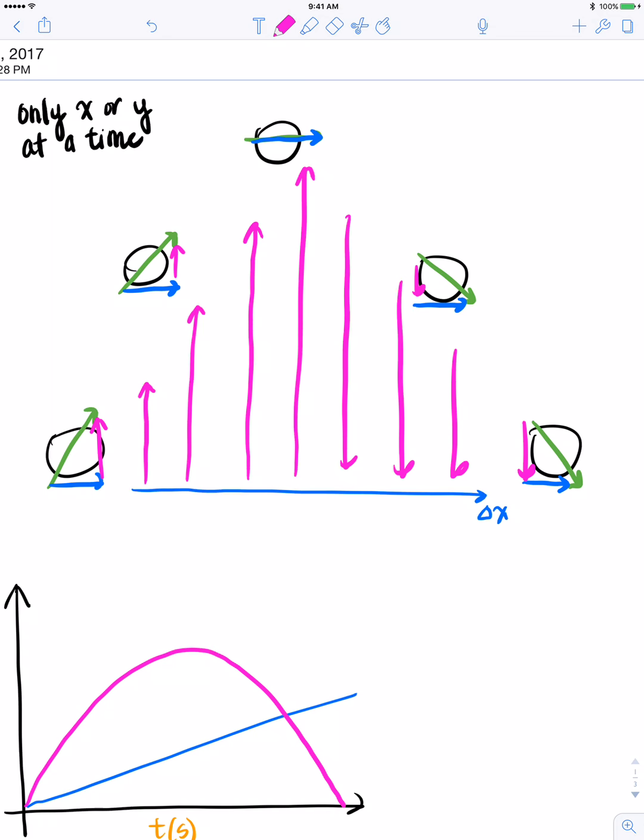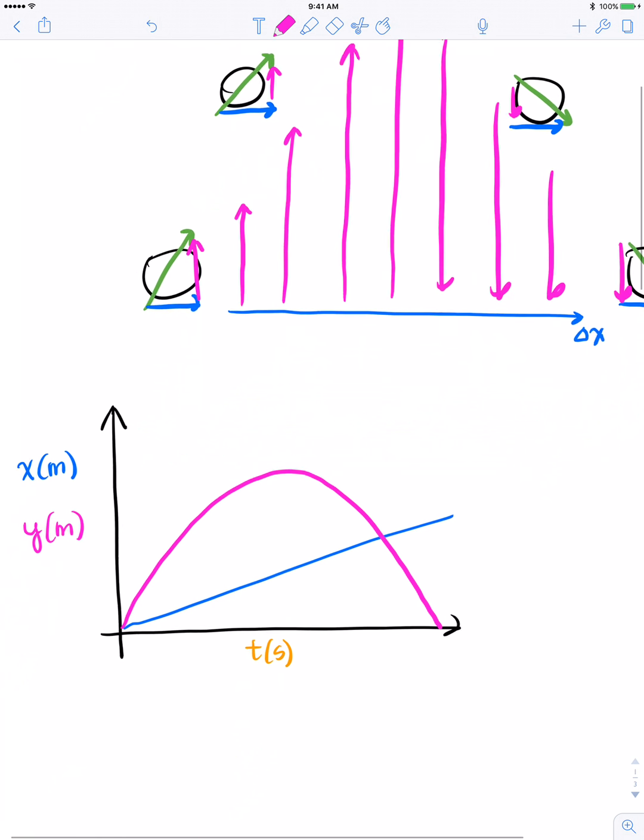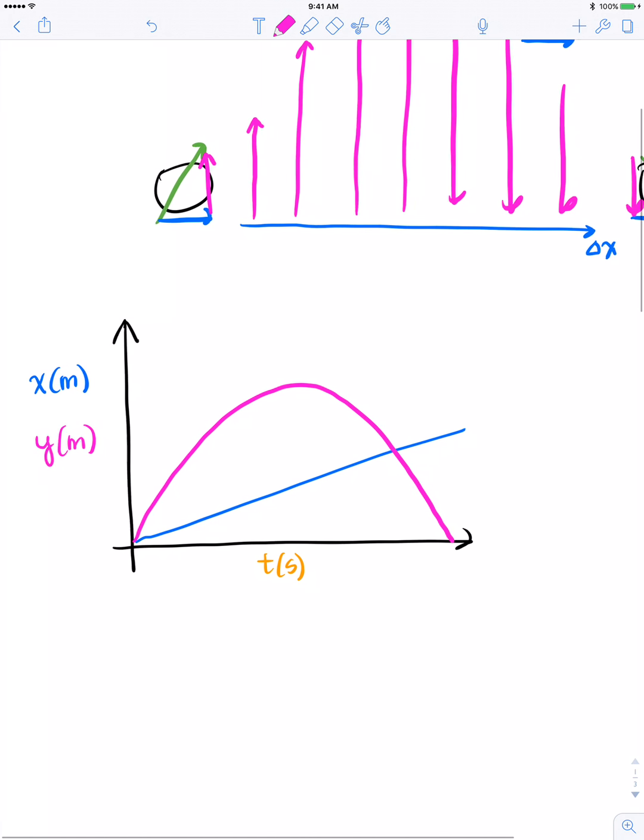So you can see here that in the y direction, when we look at displacement, it actually creates the parabolic shape of the projectile. So here on this graph, I've tried to illustrate a resemblance of what you captured today on your video physics application. So in the pink, you see the parabolic shape of the displacement in the y direction, or the vertical axis. And in the blue, you see the displacement in the x direction.